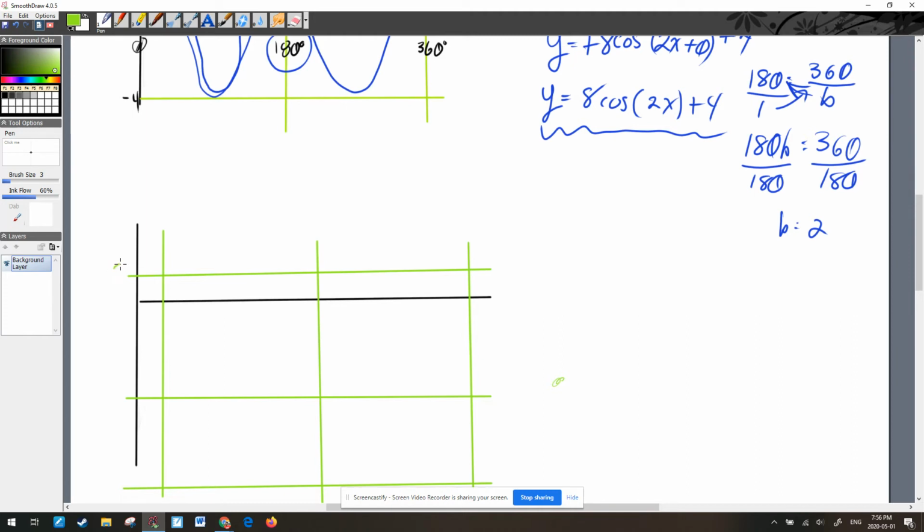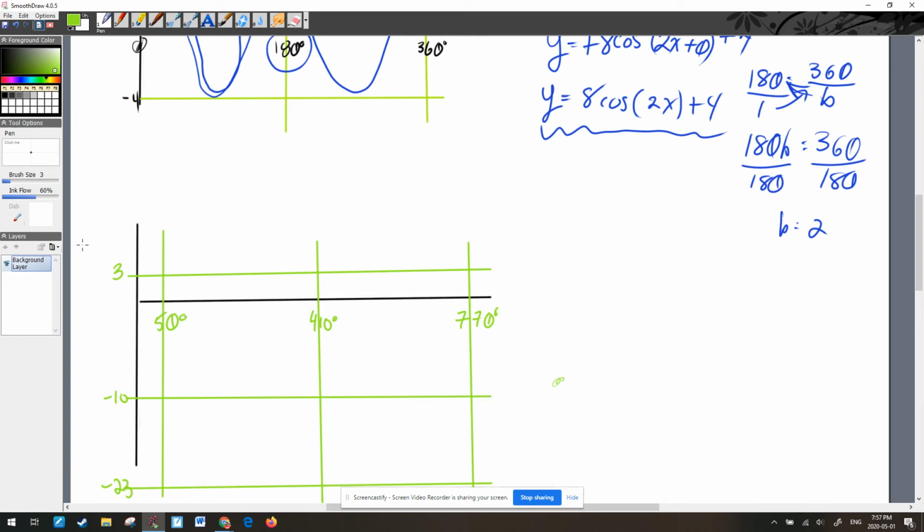So how about 3, negative 10, and negative 23. And I'm going to tell you that this is 50, and this is 410, and this is 770 degrees. Okay, those are in degrees.